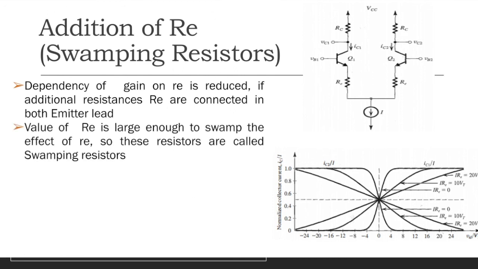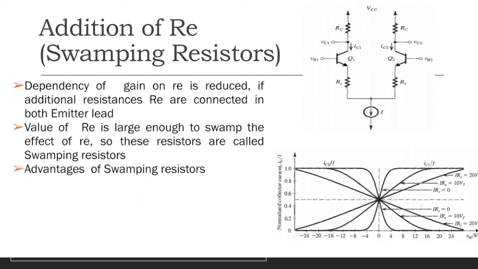The value of this Re is large enough to swamp the effect of the emitter resistance. Emitter resistance means the resistance of the transistor's emitter, and that is the reason these resistors are called swamping resistors. And you can see here the different graphs having different values of the swamping resistors.